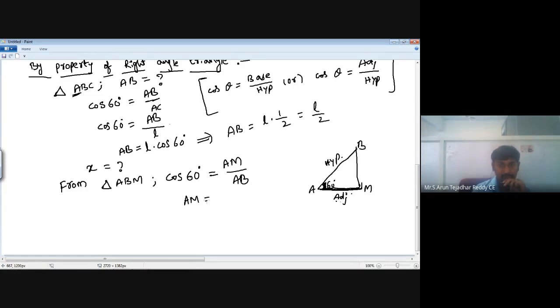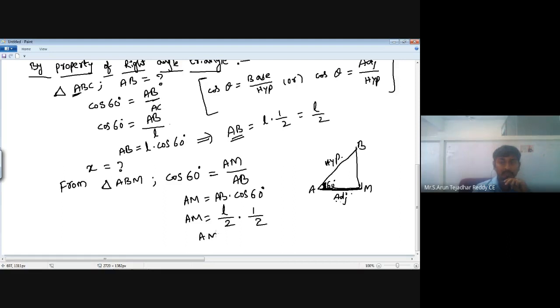Now we can write AM is equal to AB cos 60 degree. AM is equal to, already we have calculated AB, that is L by 2, and cos 60 degree value is 1 by 2.